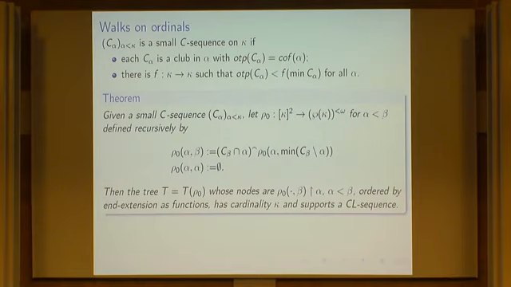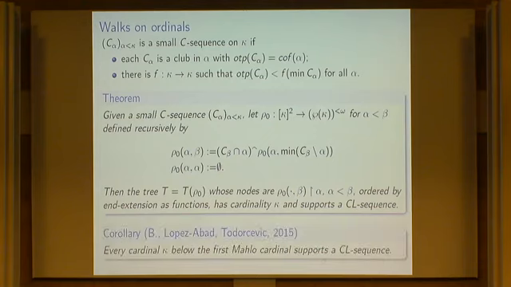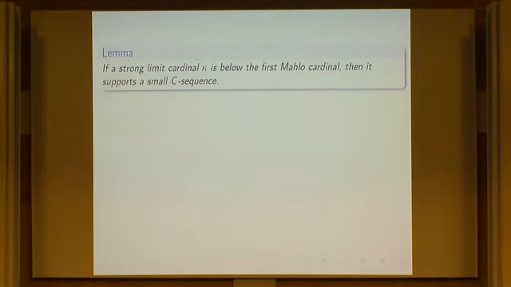This is how I get it. So let me go further. Maybe there is the corollary, but here is the lemma: if I have a strong limit cardinal below the first Mahlo, then it supports a small C-sequence.